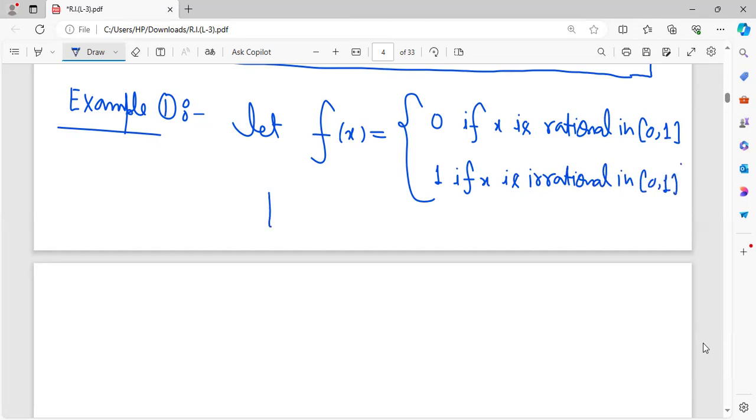Okay. So this function is the Dirichlet function.